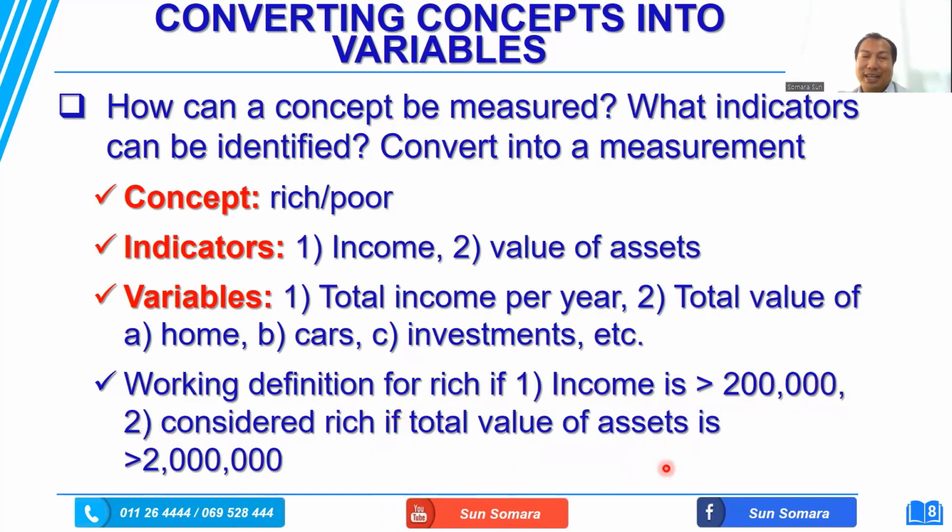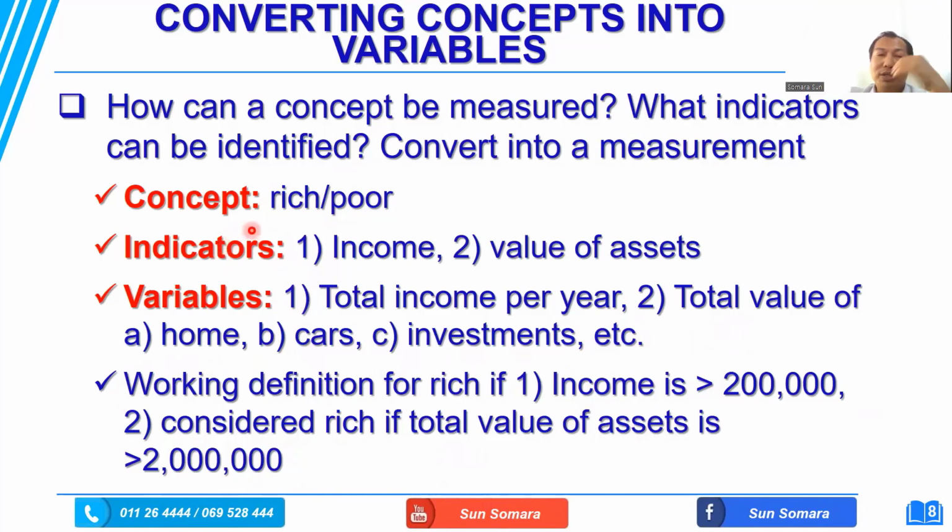So these are the variables by which we can see whether a person is rich or poor. Whenever we come up with such a variable, based on the income they get per year and the value of their assets like home and car, if it is more than this, we can consider that person a rich person.